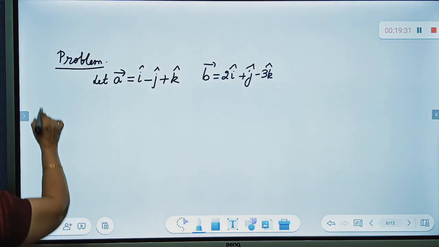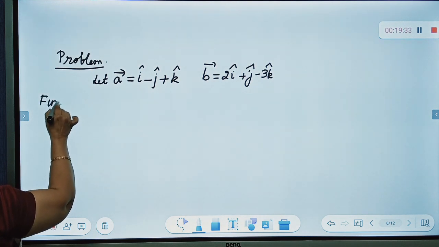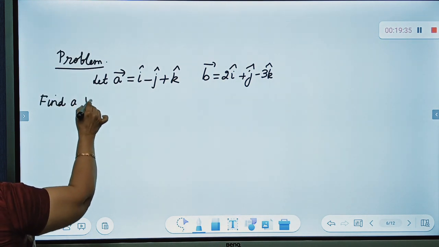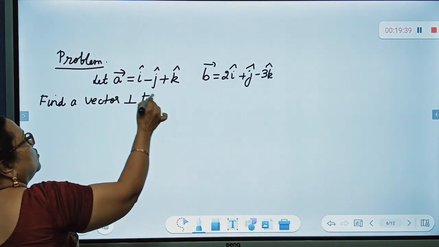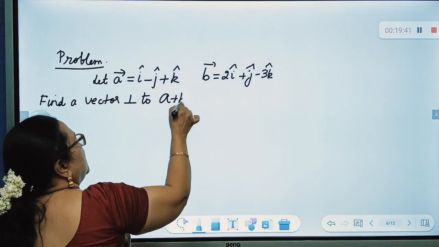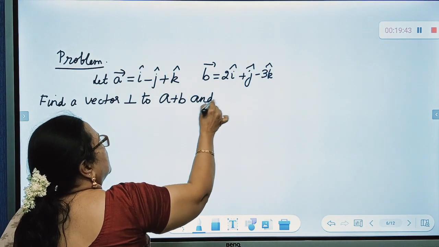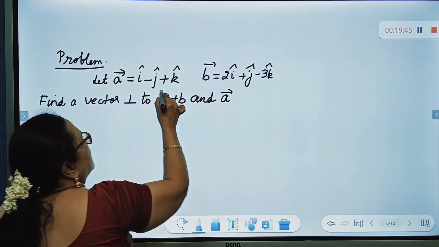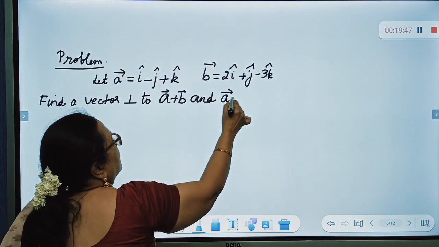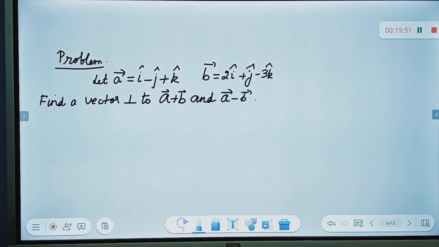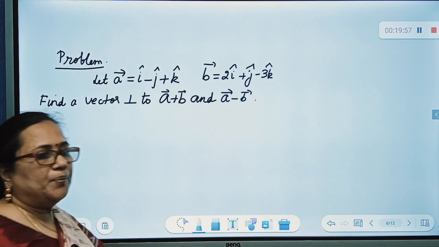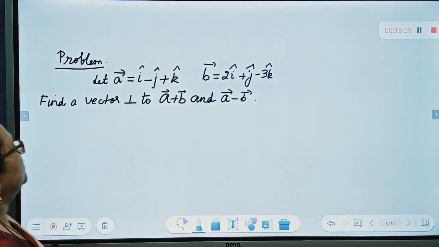Okay, find a vector perpendicular to A plus B and A minus B. You are given two vectors. You are asked to find a vector which is perpendicular to a plus b and a minus b.